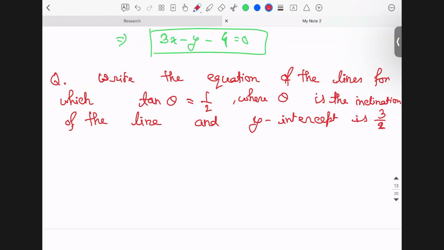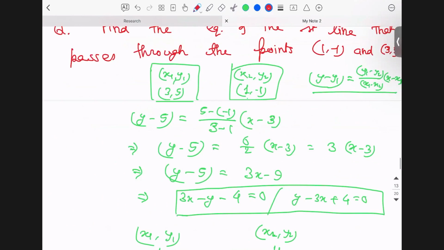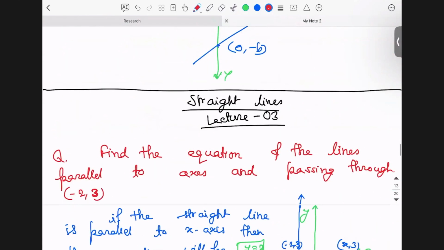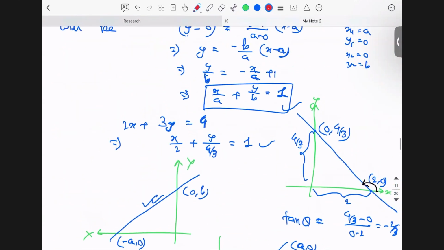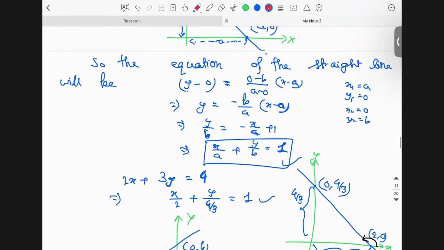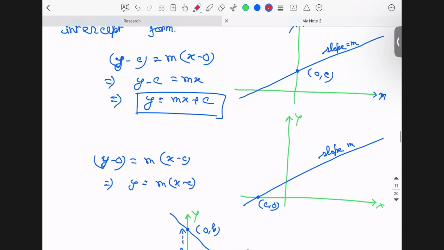So from the question, what do we know? We know about the slope of the straight line, and one point on that straight line. So easily, you can use the y-intercept form of the straight line, because it is given that the straight line intercepts the y-axis at some point. So we can clearly use this y-intercept form.